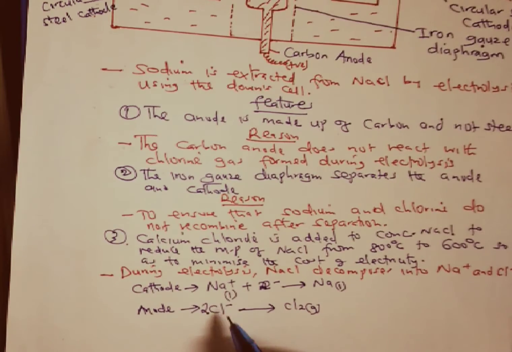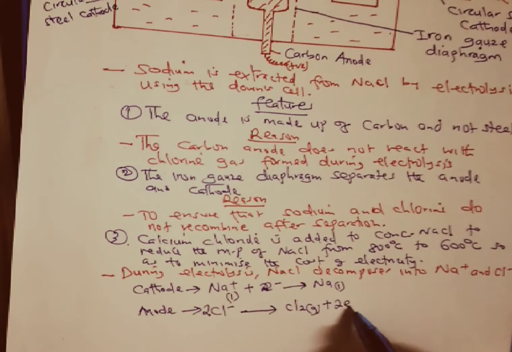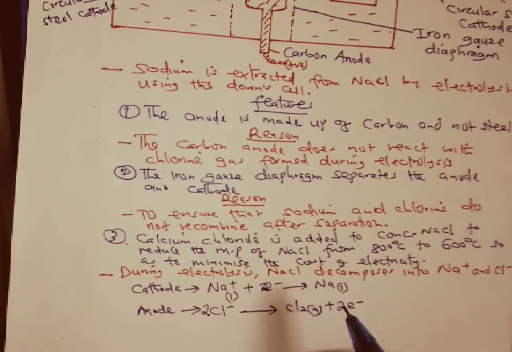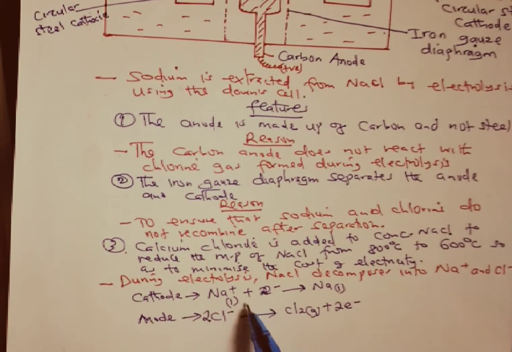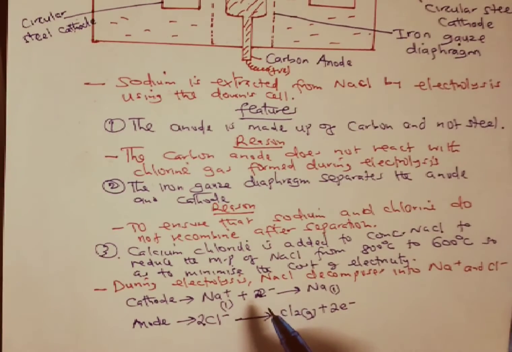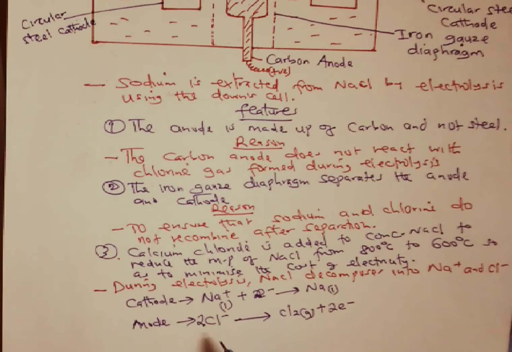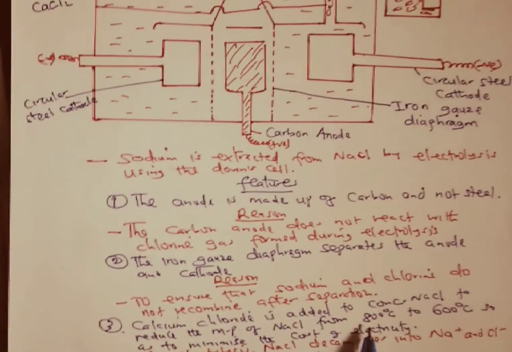If we have two chloride ions forming 1 mole of chlorine, they must lose a total of 2 electrons. So this is the equation for the reaction that takes place at the anode and the cathode respectively.